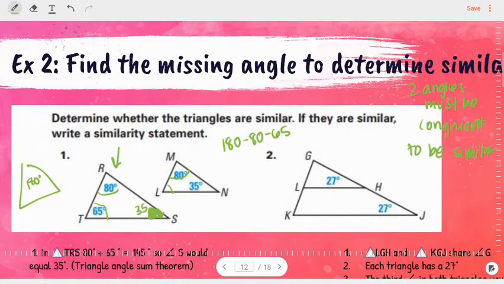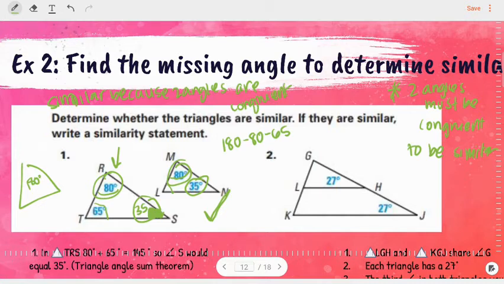So this 35 matches with this 35, this 80 matches with this 80, and my rule says two angles must be congruent to be similar. So I have reached my criteria. I know these two triangles are similar, because two angles are congruent.